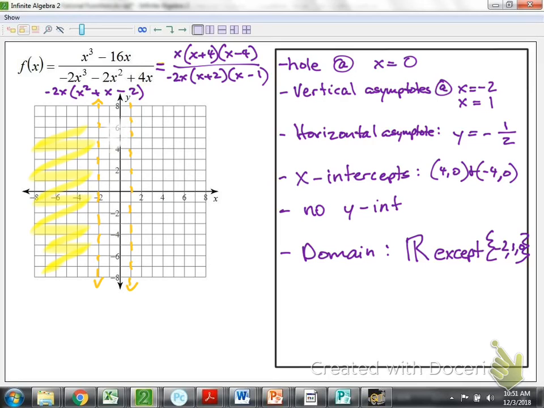Got this region in here, which is white, and you can't see that, right? And then I've got this region over here again. So there's 3 regions that are created by the vertical asymptotes. 3 sections, I think we call it in the graph.